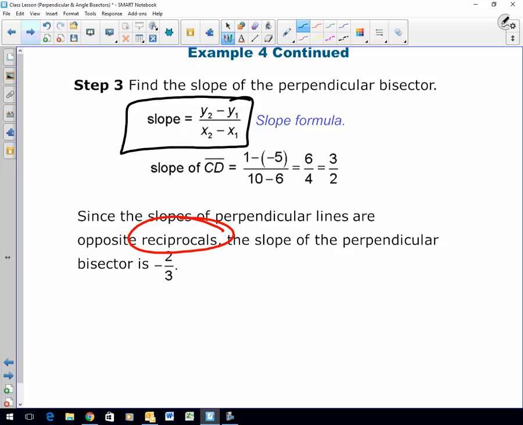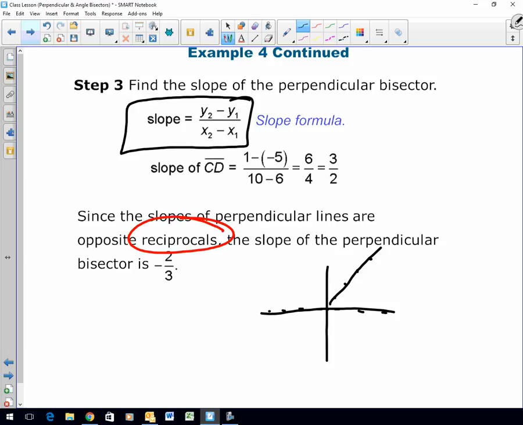Let's think about this. Here's my coordinate plane. Let's say I had a rise over run of 2, 2 over 1. If I wanted to find the exact opposite slope, I would take the reciprocal.